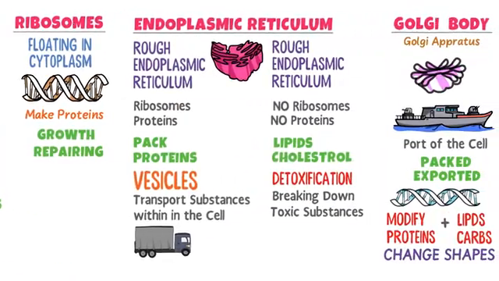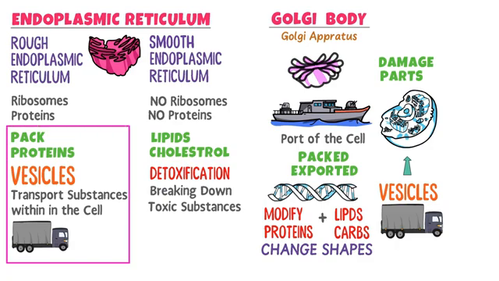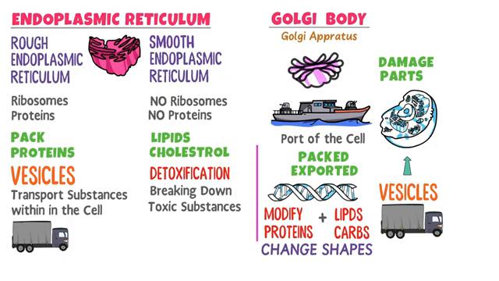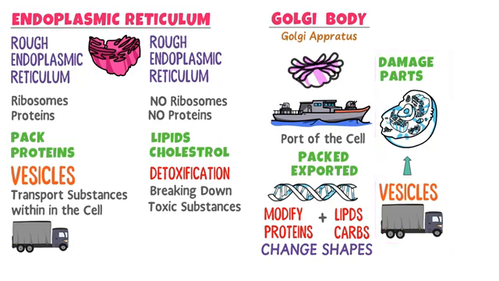Ribosomes synthesize proteins. A rough endoplasmic reticulum packs the protein in the vesicles and transports them to the Golgi body. Golgi body provides specific shape and prepares the protein for a specific task. Finally, Golgi body sends it to the targeted destination to perform its function.